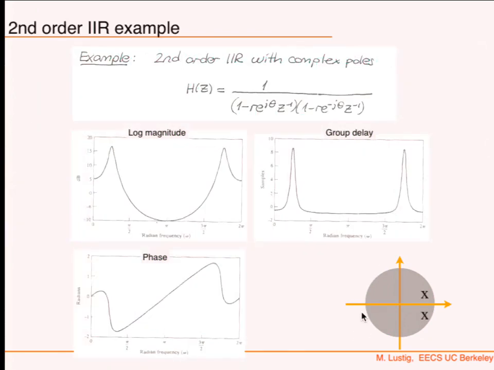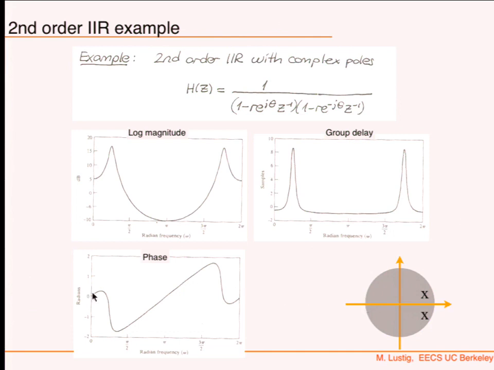Here's another example of a second-order IIR system. There are no zeros here, only poles close to the unit circle. You see that the magnitude increases as the frequency gets closer to these poles, and it's going to be lowest at pi.